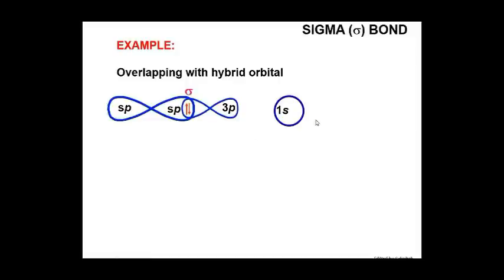What if we have one s orbital overlapping with an sp hybrid orbital? It will also produce a sigma bond.